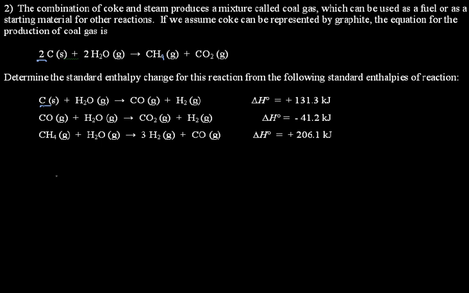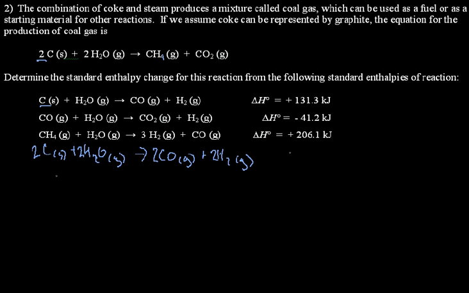We'll start with this first equation. And carbon's a reactant, and it's a reactant down here. We want to have two carbons up here. We only have one here, so we're going to have to double this reaction right now. So we're going to take two carbons and water to produce carbon monoxide gas plus hydrogen gas, and whoops, forgot to double everything, so let me double that, and double that.